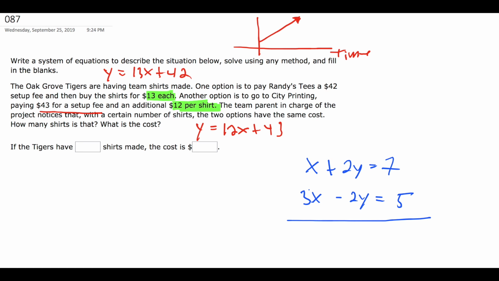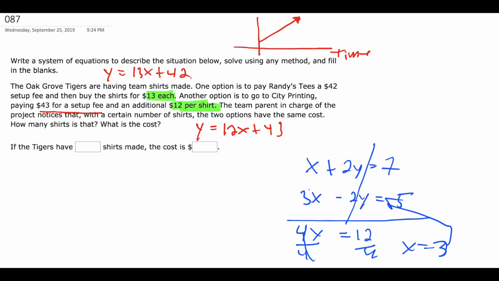If you add straight down, what's 2y plus negative 2y? That's gone. You get 4x equals 12. Oh my god, I actually designed a problem that works. Then divide by 4, and you have x equals 3. And then you plug the 3 back into one of the two, and you get your corresponding y value.